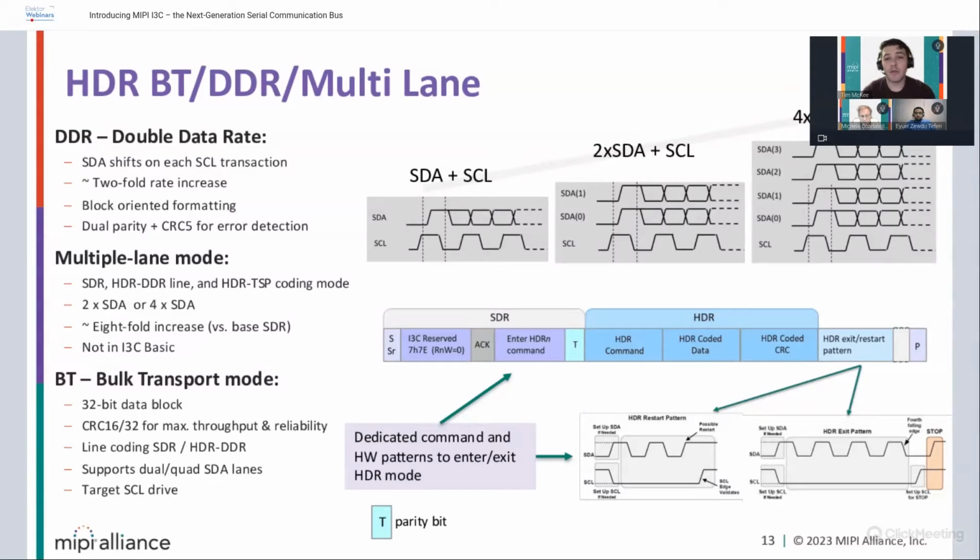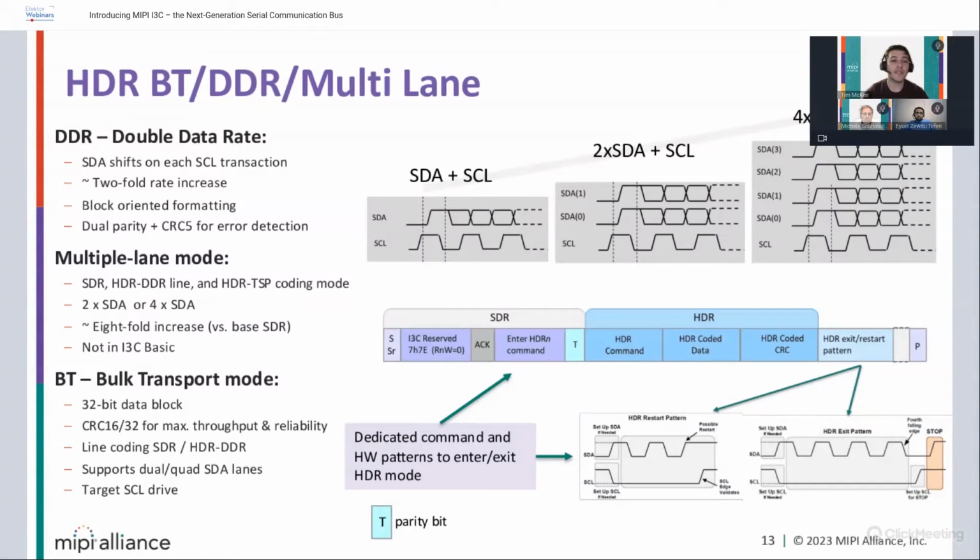So we mentioned a little bit earlier these higher data rate modes. The HDR, the high data rate, BT, which stands for bulk transfer, DDR, which is dual data rate, and multi-lane. All of these are built to increase the throughput of I3C. So a quick brief summary on double data rate. The SDA shifts on each SCL transition, so we've kind of doubled the data there.